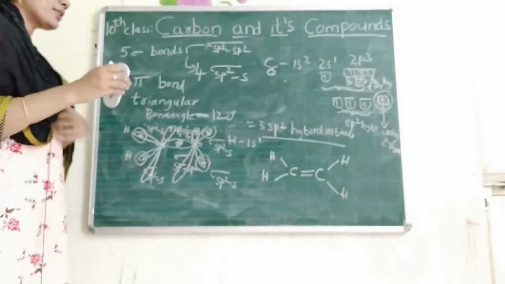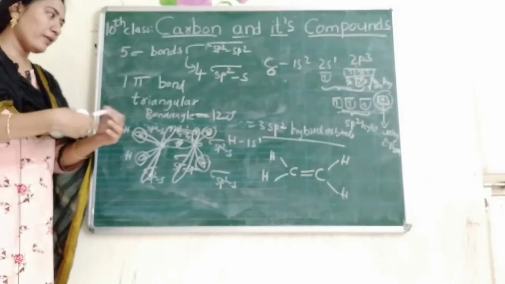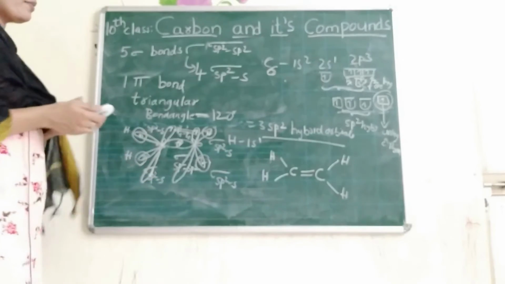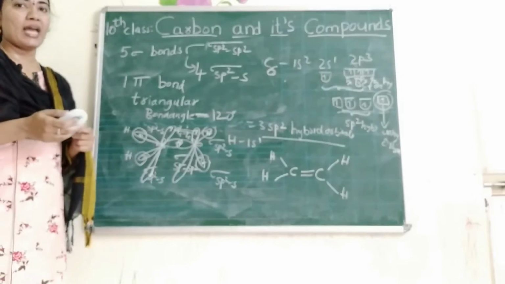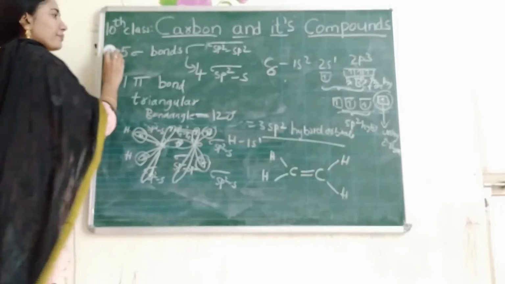Next we are going to discuss the sp hybridization, by taking the example of ethyne, CH triple bond CH.